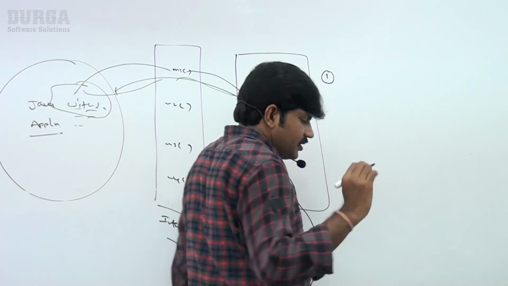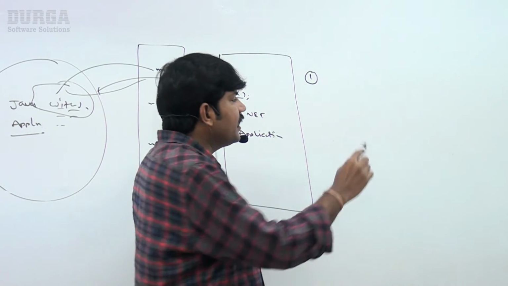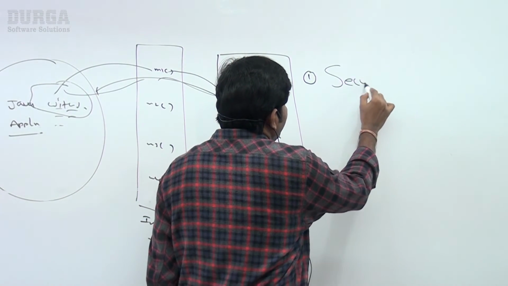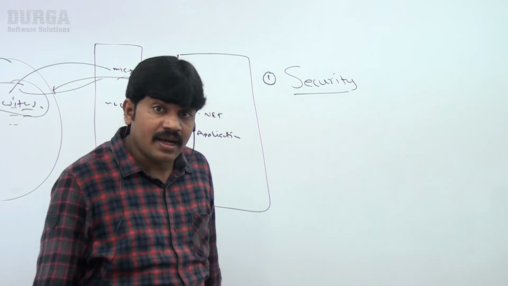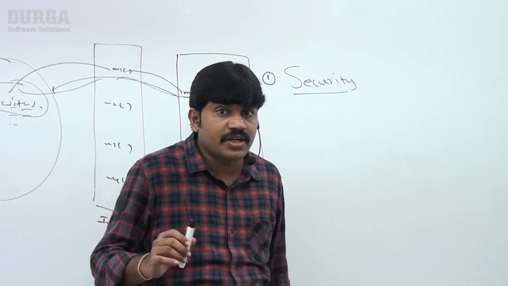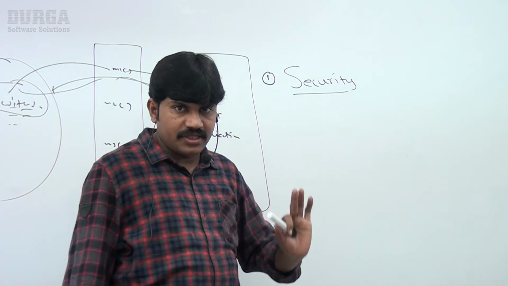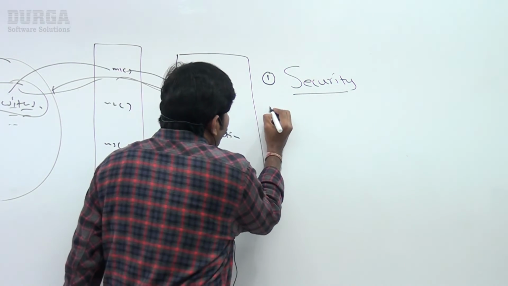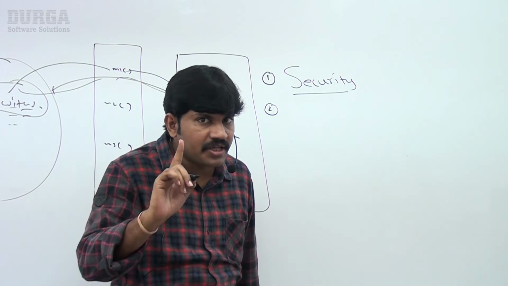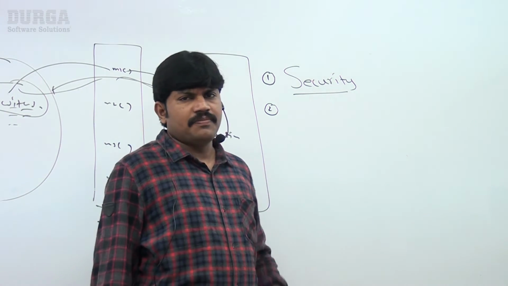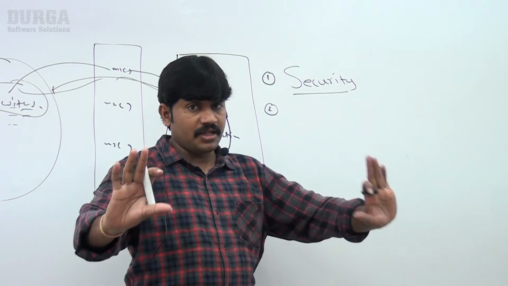The first advantage is that wherever hiding is there, the biggest advantage we get is security. Now the second advantage, very simple: an outside person doesn't know about the internal implementation.